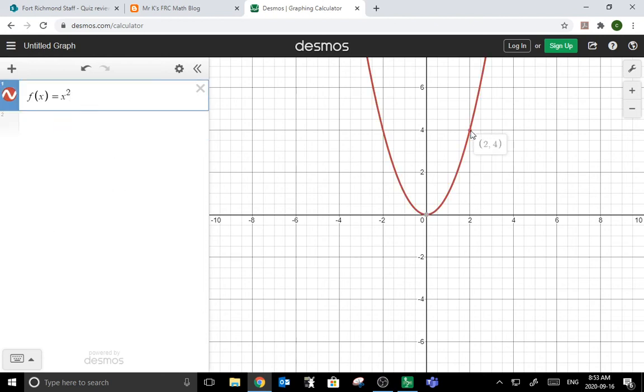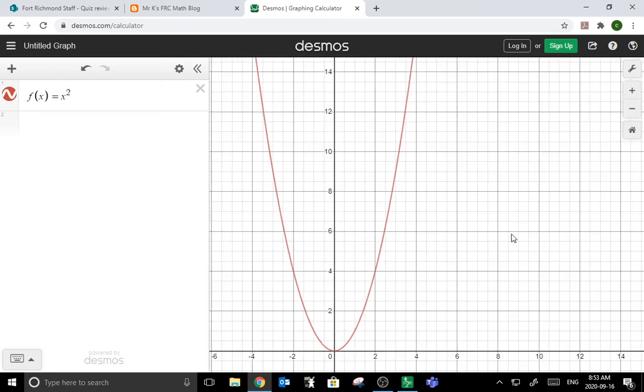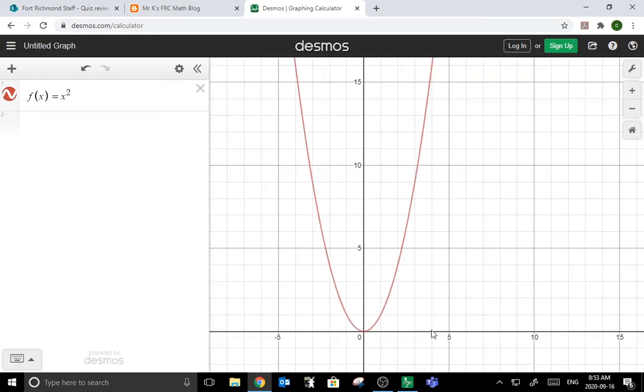When x is 2, you actually know it's 4. Now, I wouldn't let you use Desmos for a question like this, perhaps, on a test or whatever. Let me shrink that down. There we go. And then when x is 4, of course, it's 16. Okay, fine, I'll just type the points in.